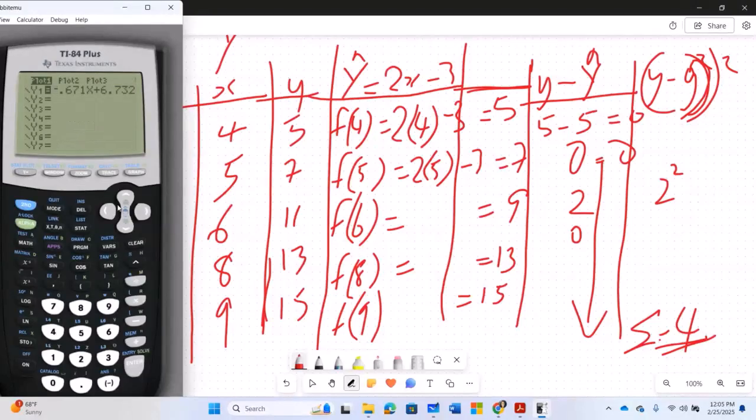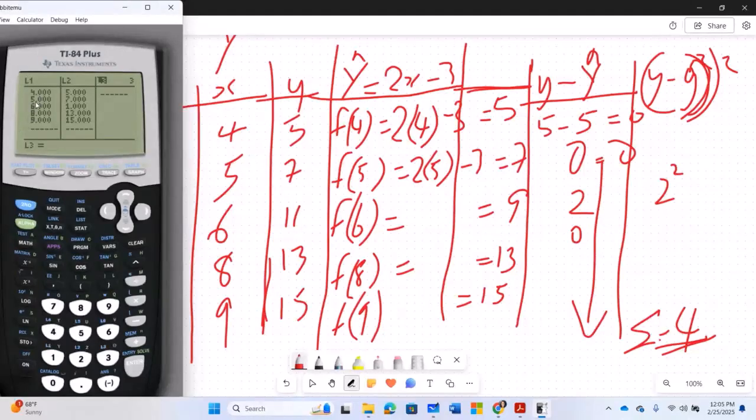So what I'm going to do now is come over here, go back to start and edit. I want to substitute my L1 into L3. So I will just tell my calculator that L3 is equal to this.